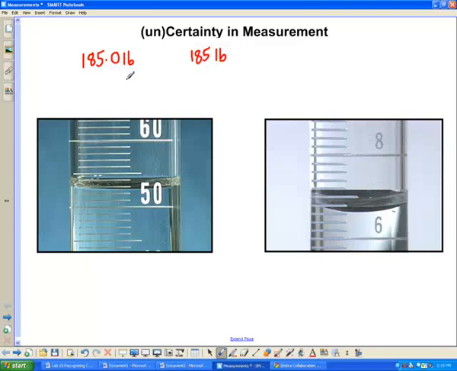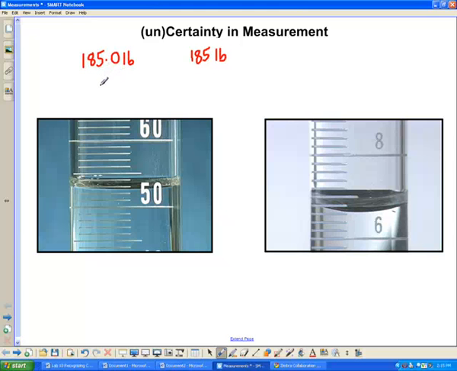The way we go about doing this is, whenever you're measuring something, all the digits apart from the last one are certain. There's no ambiguity about them. The last digit is always the one that has to be somewhat uncertain. It has to be estimated, whether it's you estimating or the machine estimating.